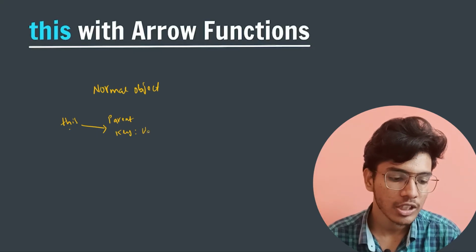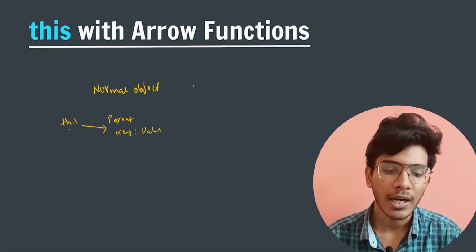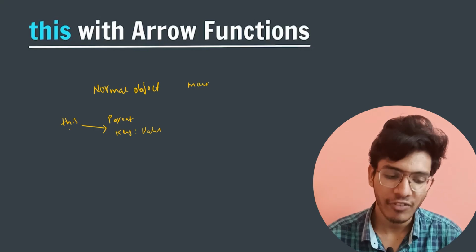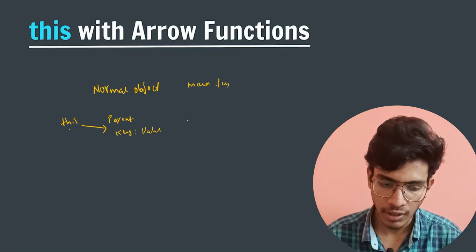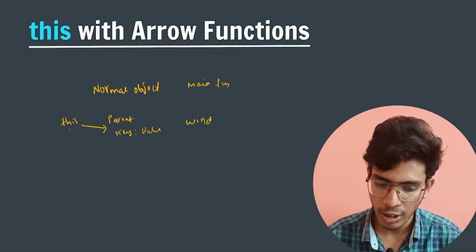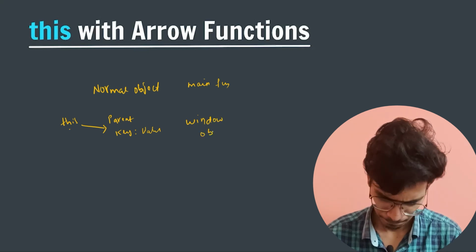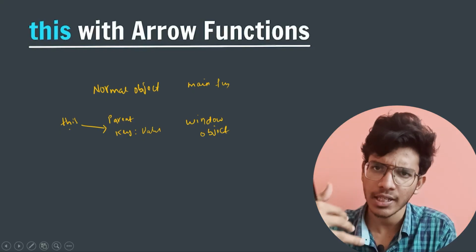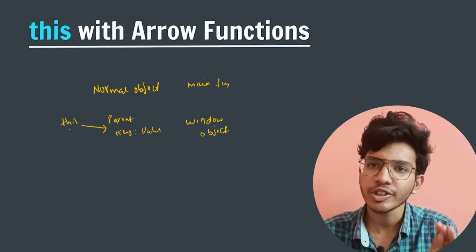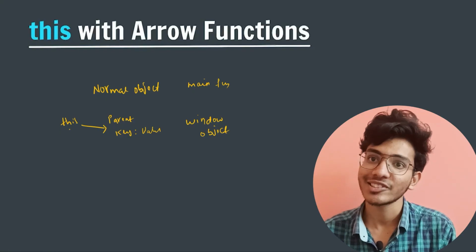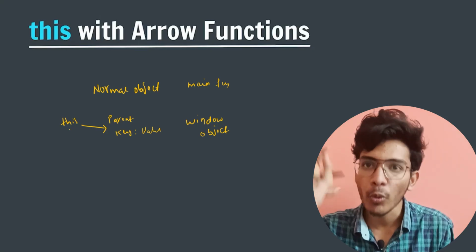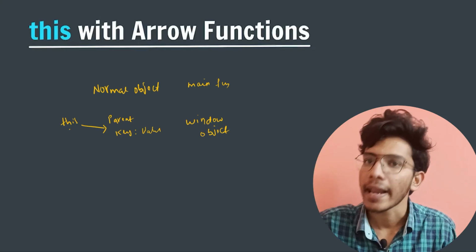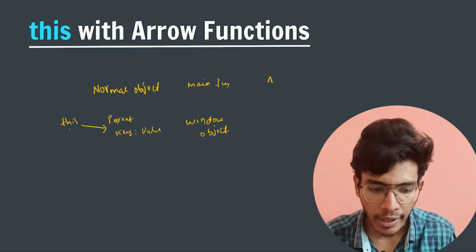But when it comes to my main function, this keyword will store the value of the window object. Whatever things are inside my window object, those things will get stored inside this.